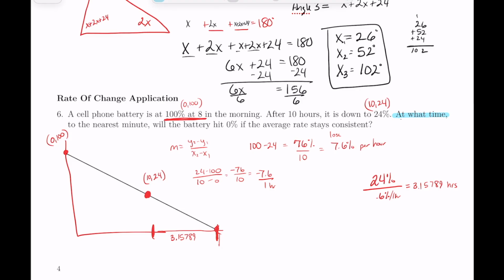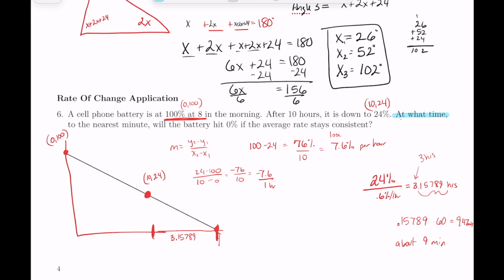Now, what I want to know is this 3 hours, that's easy. That's no problem. But I want to know how many minutes this is. So I'll take 0.15789 of an hour. And of means multiply, so I'll take that times 60 minutes in an hour. When I do that, I get about 9.47 minutes, or about 9 minutes.